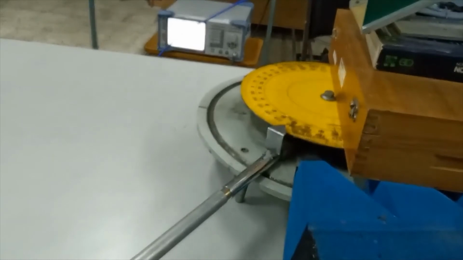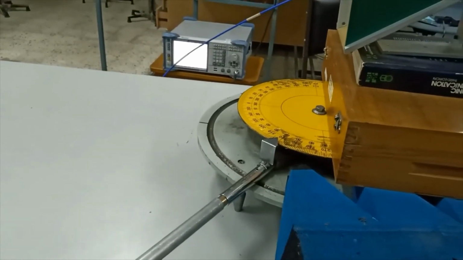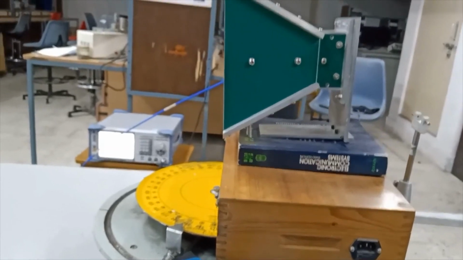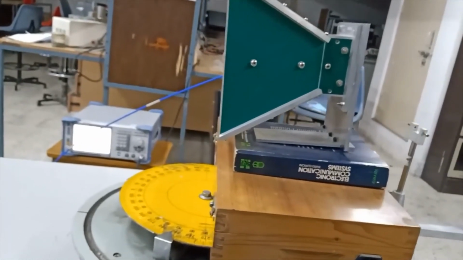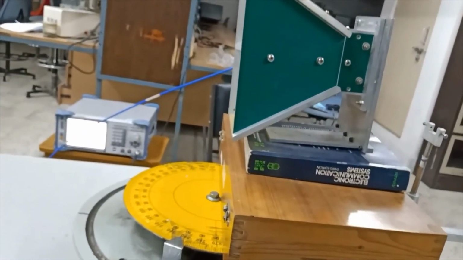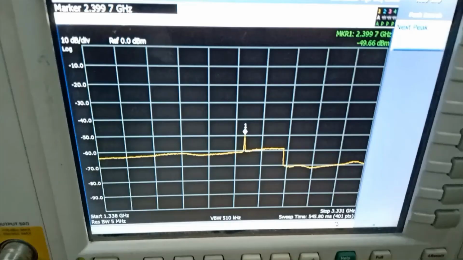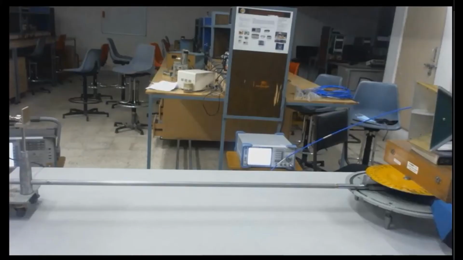At 60 degree the value is minus 49.14 dBm. At 70 degree the power level is minus 49.87 dBm. Coming back to the original position, now we will go for clockwise measurement.